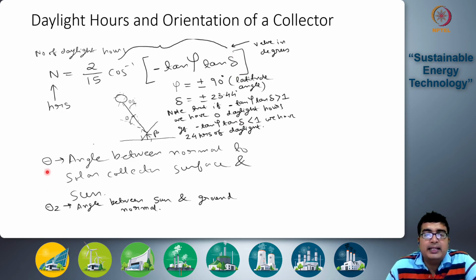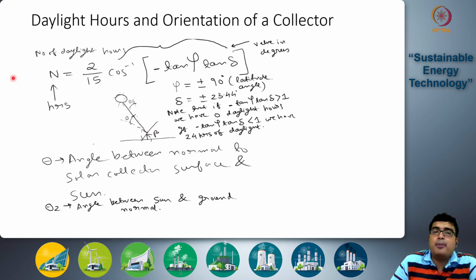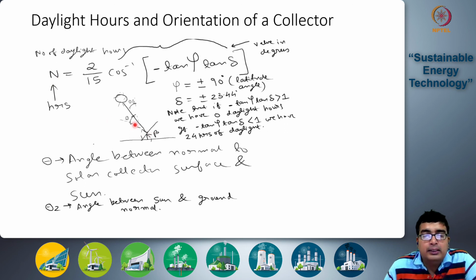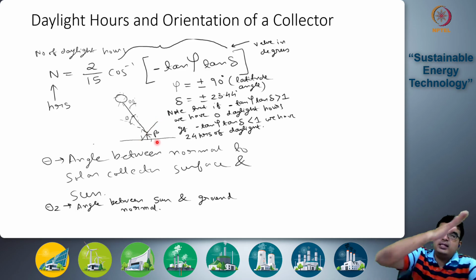And theta is the angle between the normal to the solar collector surface and the sun. Now you know the number of daylight hours. Suppose you have a collector that is set at an angle with respect to the ground. Many of the solar cells you will see are put at an incline with respect to the ground.